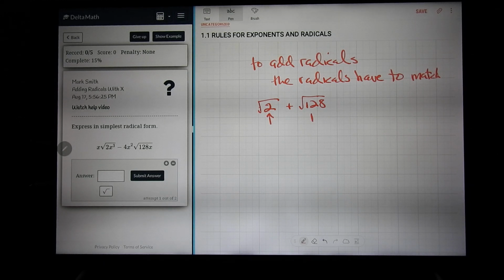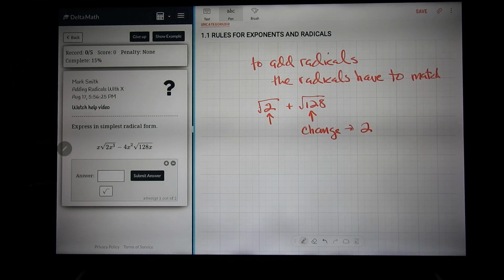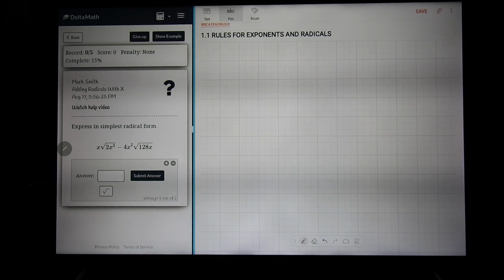This one's a 2 and this one's a 128. So the first thing we have to do is try to change this 128 to a 2. So that's basically the rule that you're talking about here.